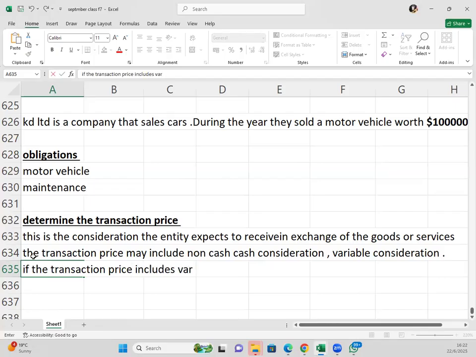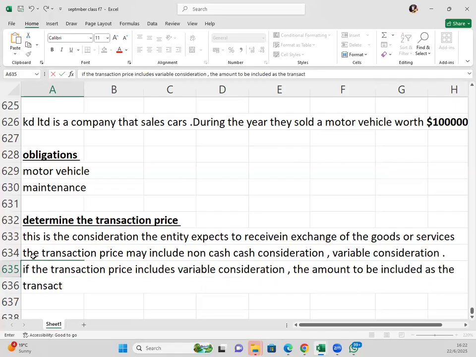includes variable consideration. If it includes variable consideration, the amount to be included as the transaction price is the expected value or the most likely amount.